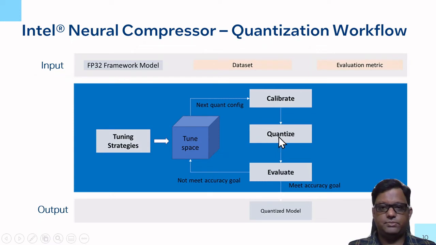To put it in very simple terms, it iteratively tries and finds the best set of configurations for your FP32 model, which can be converted to your int8 model, with the goal of meeting your accuracy, right? So that's the whole workflow of how quantization works with Intel neural compressor. Now moving on to code.